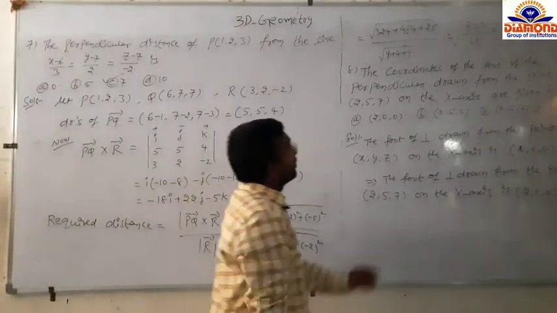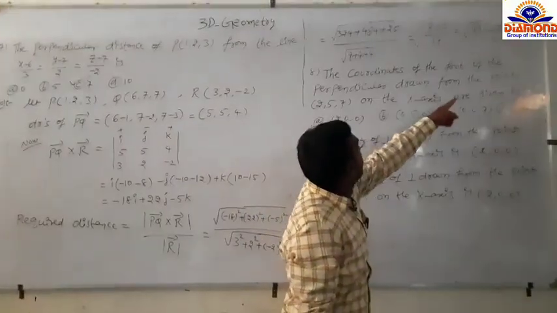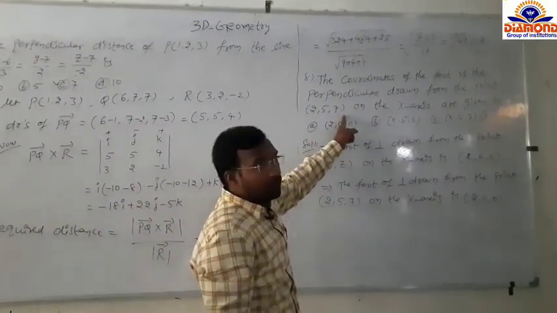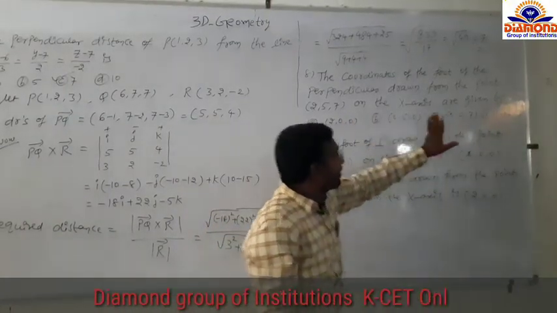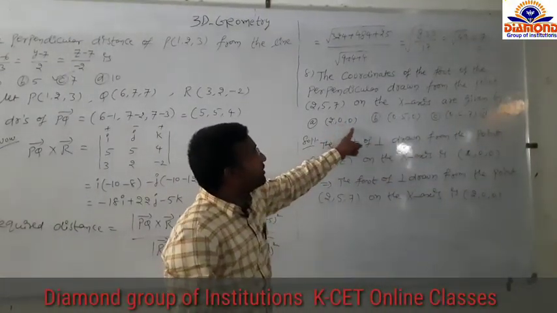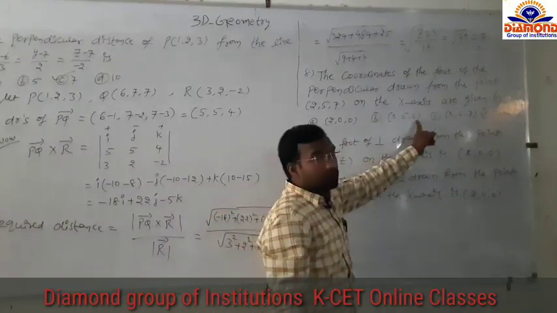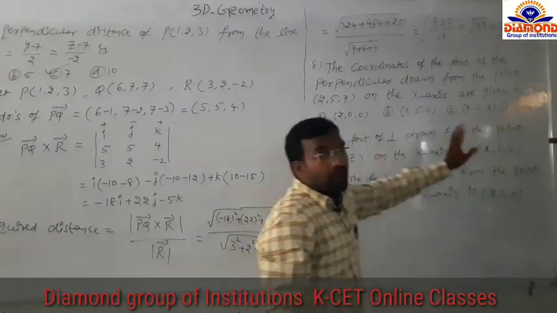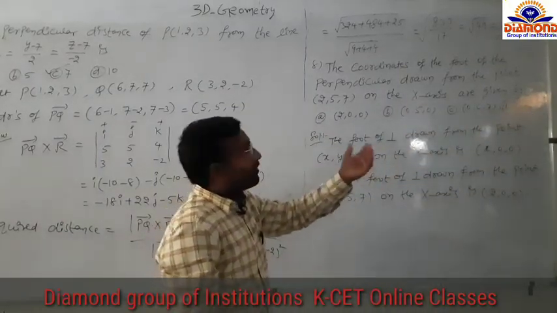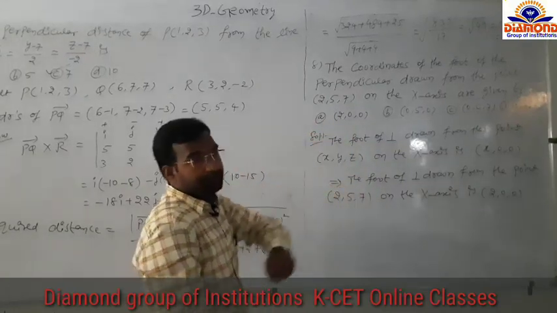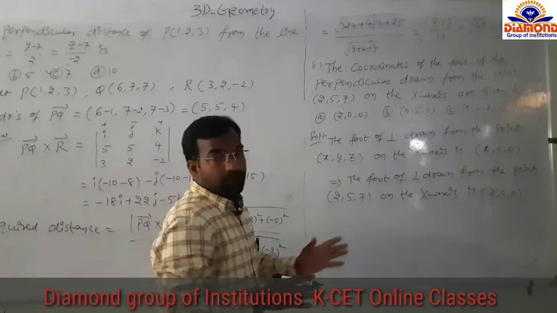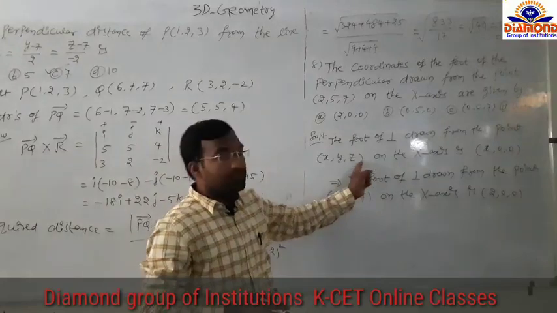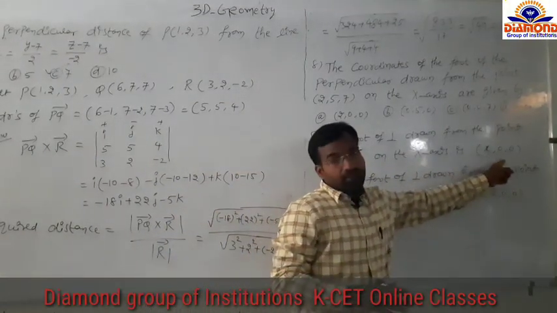Next problem. The coordinates of the foot of the perpendicular drawn from the point 2, 5, 7 on the x-axis are given by: option A 2, 0, 0; option B 0, 5, 0; option C 0, 0, 7; option D 0, 5, 7. We have the formula: the foot of the perpendicular drawn from the point x, y, z on the x-axis is x, 0, 0.